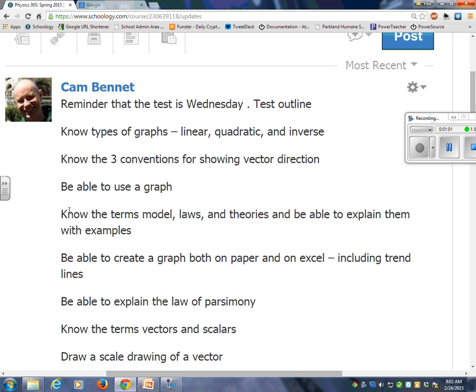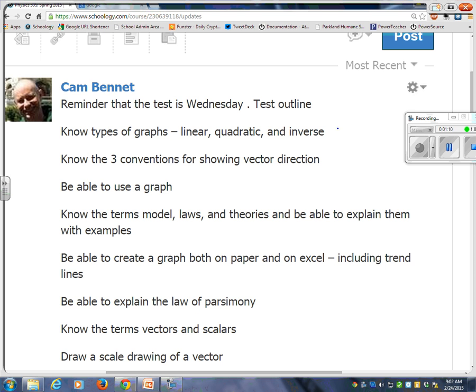You should know the 3 conventions for showing vector direction, and I had a couple people asking about that. What I'm talking about there is things like 30 degrees south of east, or east 30 south, or that would be a bearing of 120.